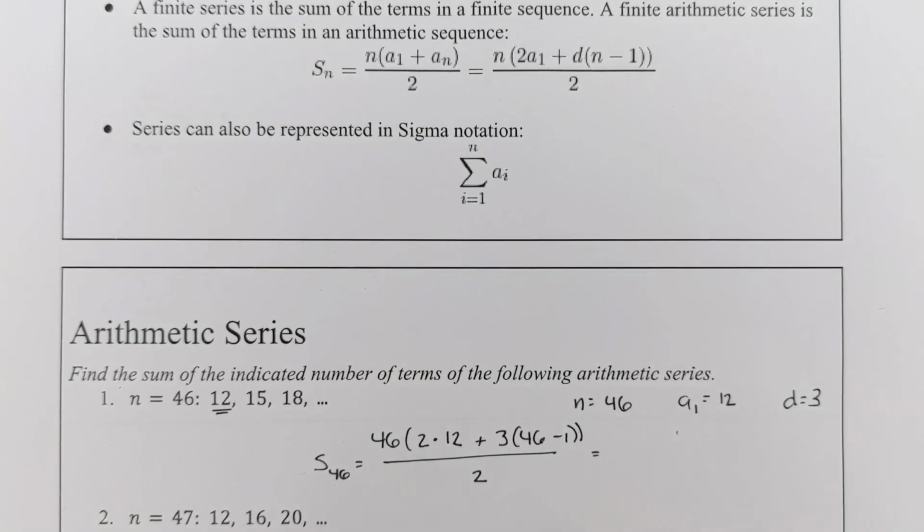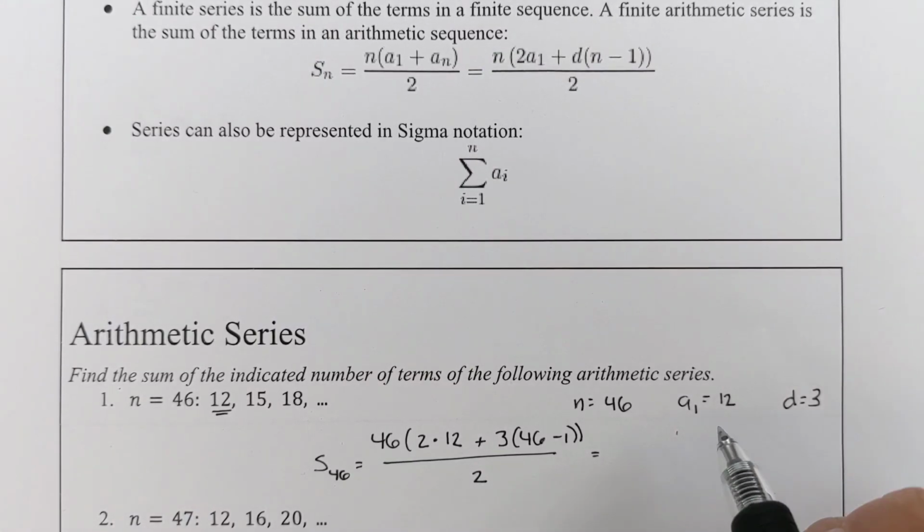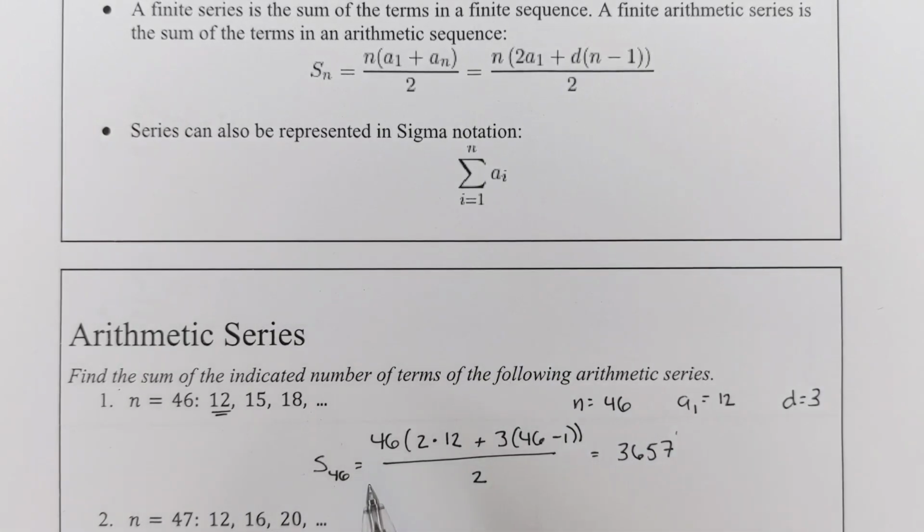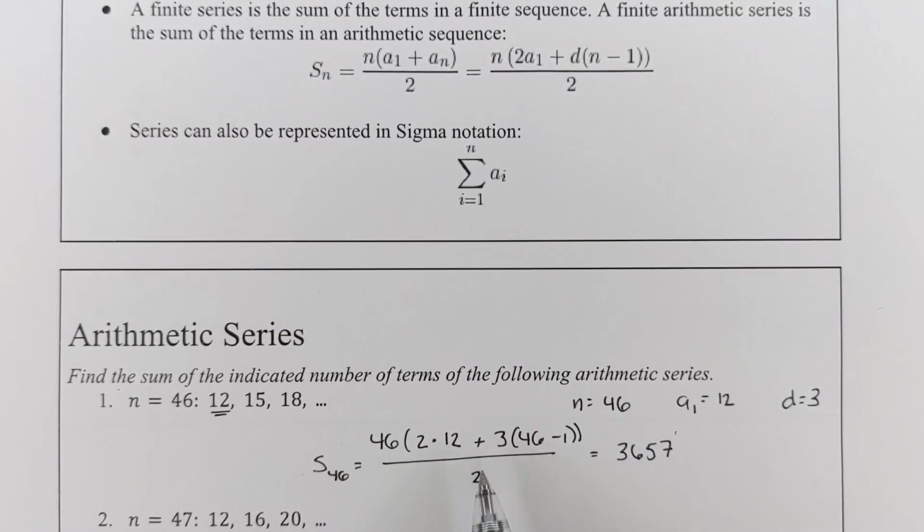And remember that the fraction bar here is the same thing as dividing by 2. So I get 3,657.